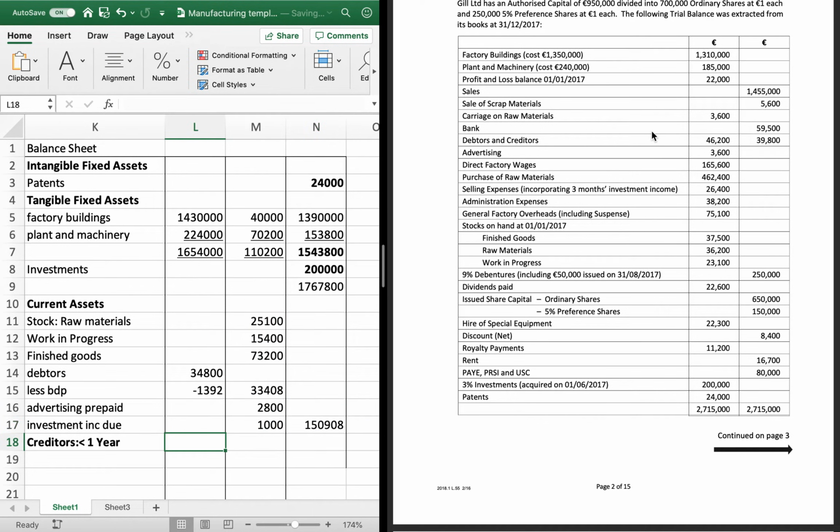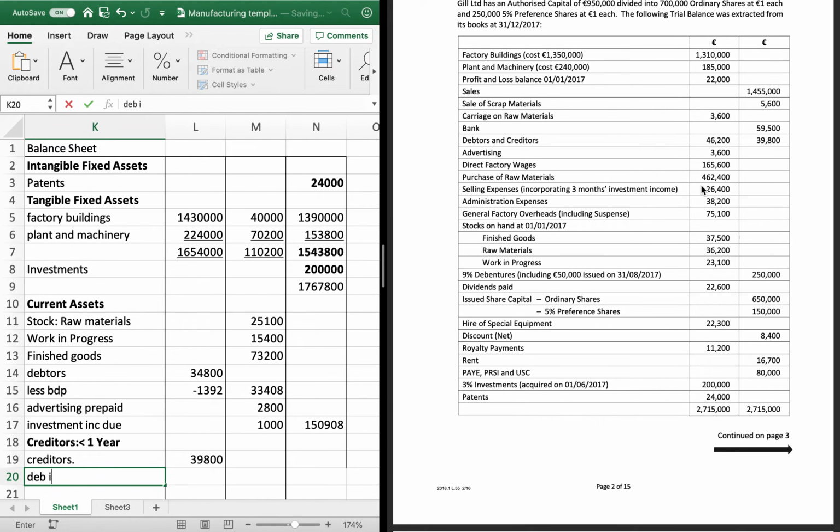Then we'll go to our creditors, amounts falling due within one year. Creditors had not changed, which they will in most questions, but it didn't change here. It's 39.8. What else do I have?